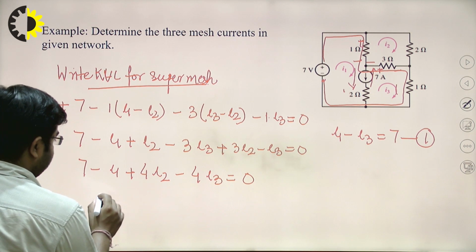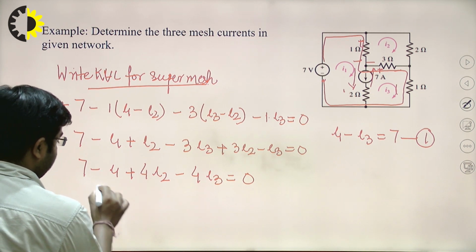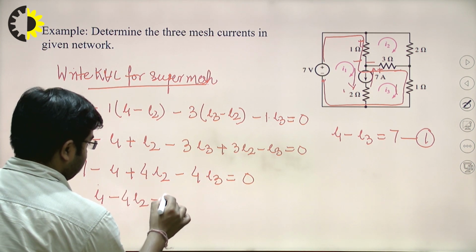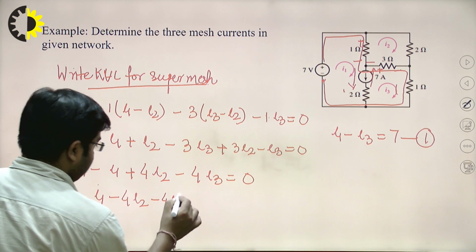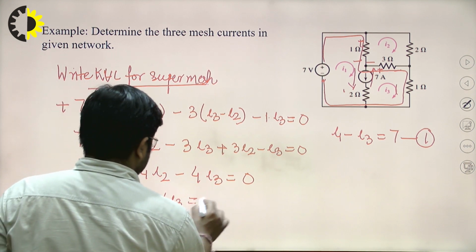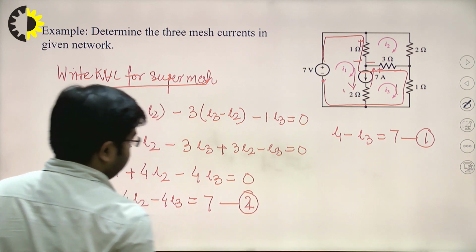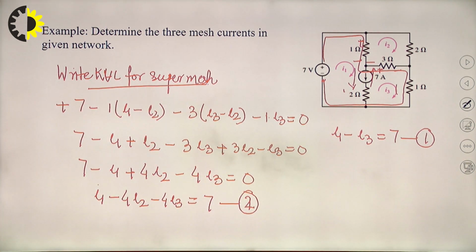So you can write I1 minus 4I2 minus 4I3 is equal to 7. So this is equation number 2. Now you have equation number 1 and equation number 2.